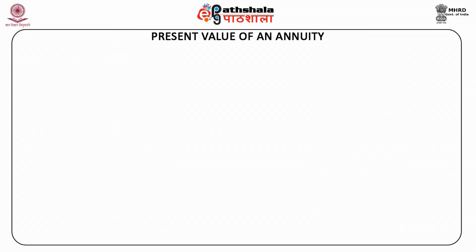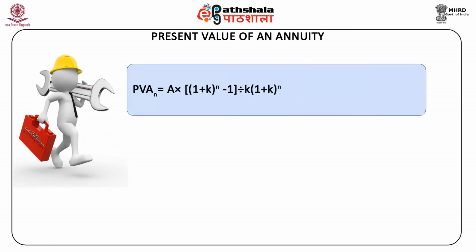The present value of an annuity receivable at the end of every year for a period of n years at K rate of interest can be calculated by the following formula. PVA N is equal to A into [(1 plus K) raised to power N minus 1] divided by [K multiplied by (1 plus K) raised to power N].